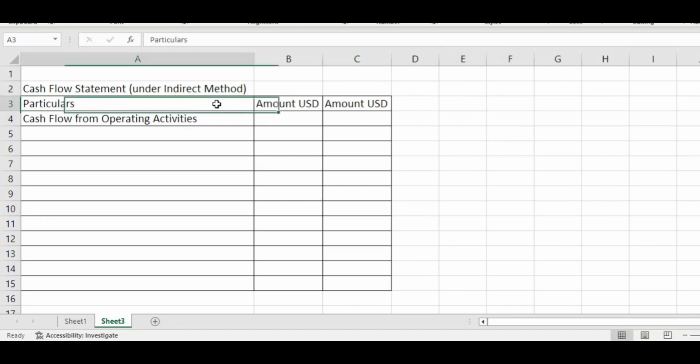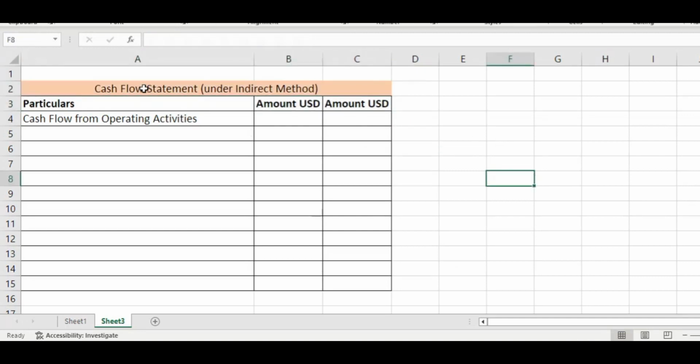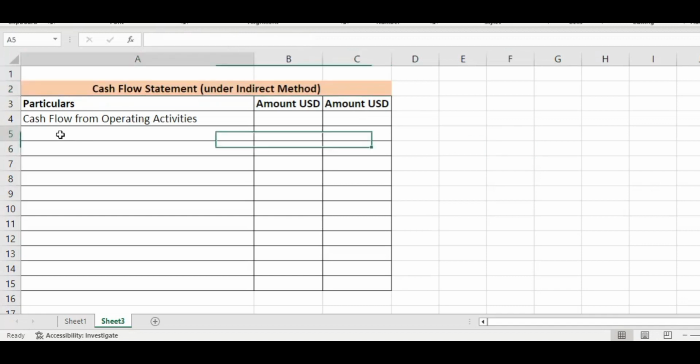So the statement will be a single sheet comprising three parts. The first part is cash flow from operating activities. This part includes net income.